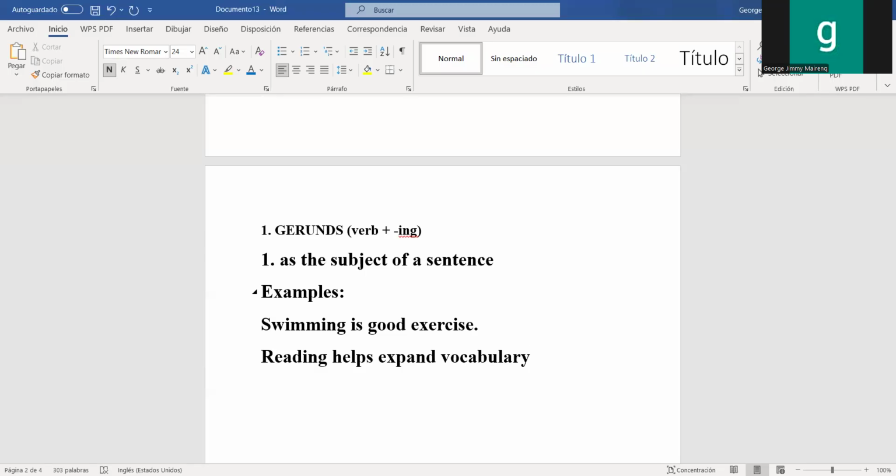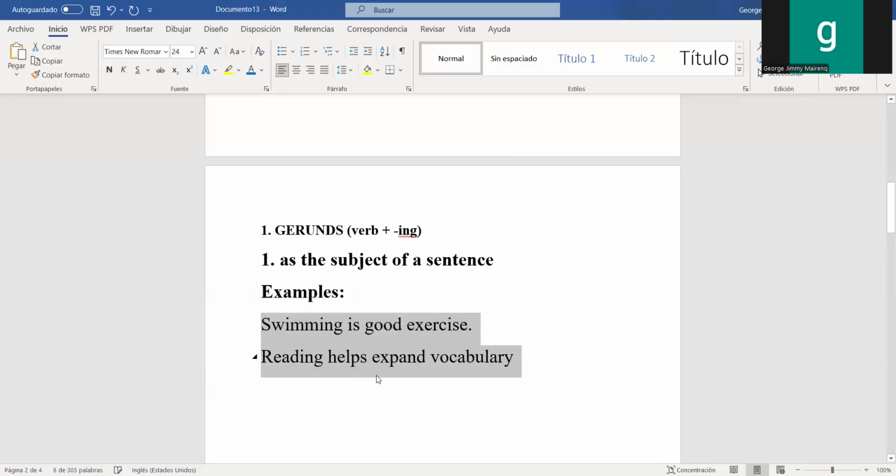So that is the first usage of the gerund, right? We can use the verb at the beginning of the sentence with ing, like swimming and reading.